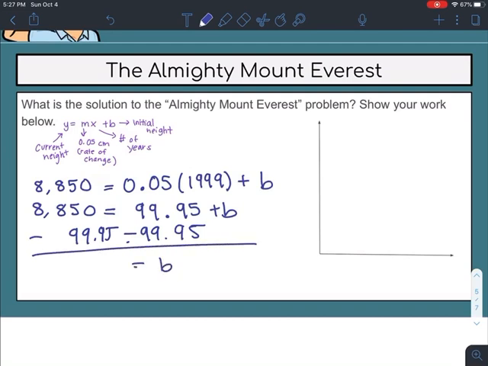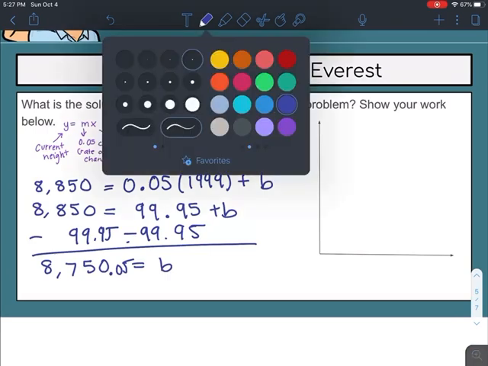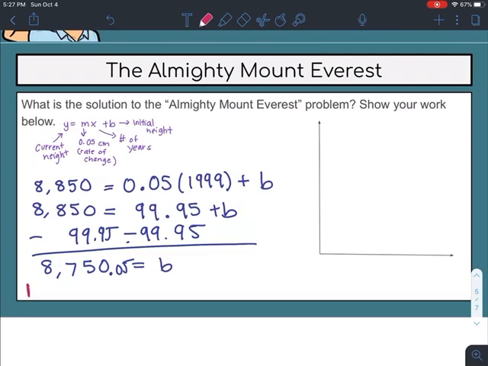I get b equals 8,750.05. So that means my initial height is 8,750.05 meters.